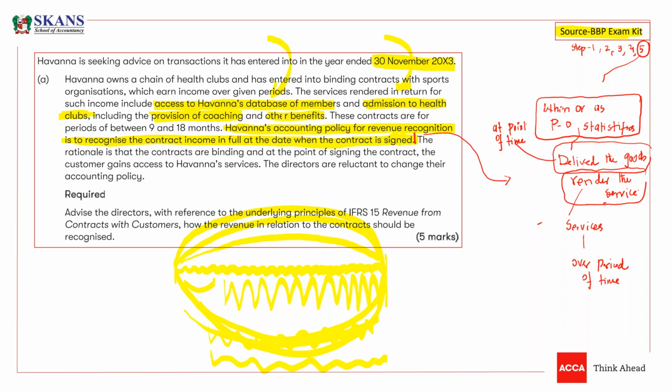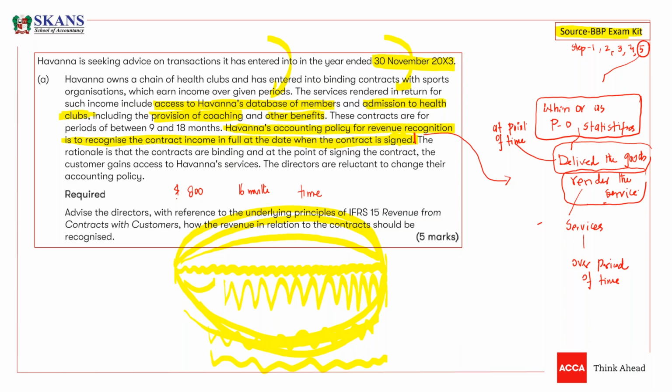The best basis is time basis, or straight-line basis. If we have received a total amount of 800 for 16 months, we recognize revenue of $50 per month.